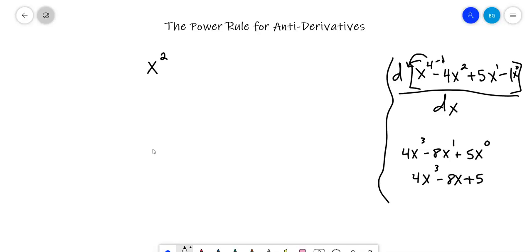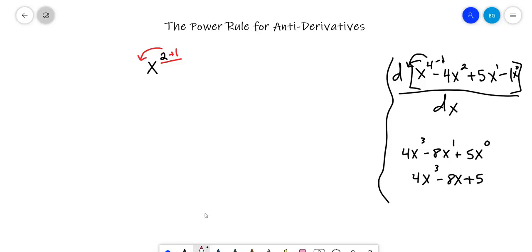So to find an antiderivative, we're just going to do the opposite of that. So hopefully it stands to reason if we move the exponent down and then subtract 1, we would, to find an antiderivative, add 1 to the exponent, take that new result, and then move it down. But instead of multiplying by that new coefficient, I suppose, we would divide by that.